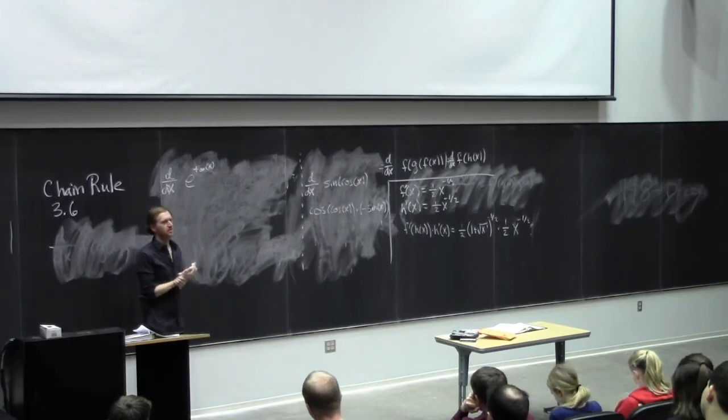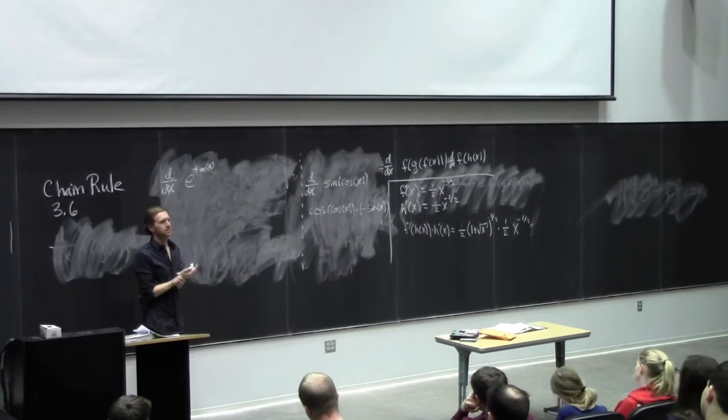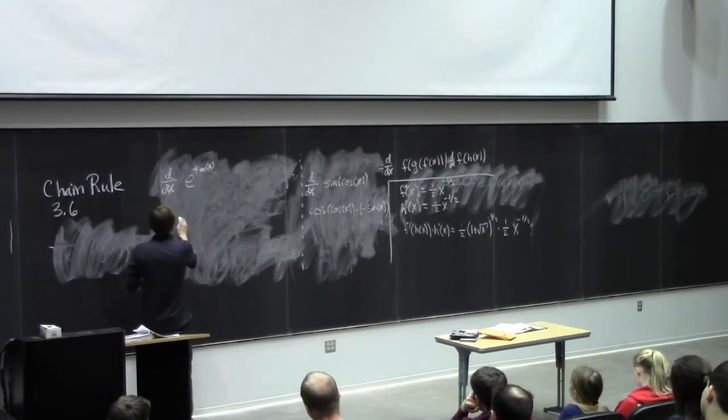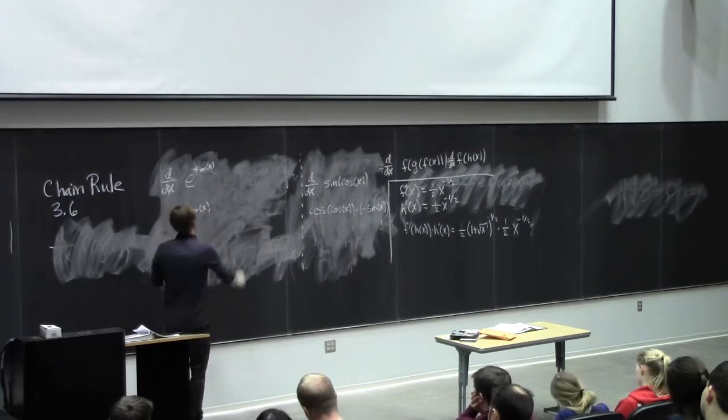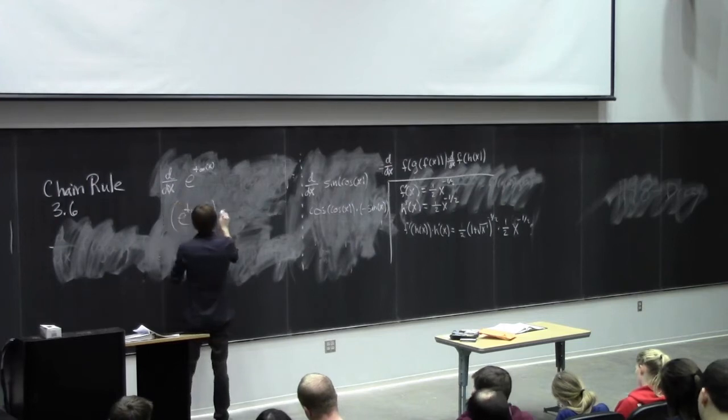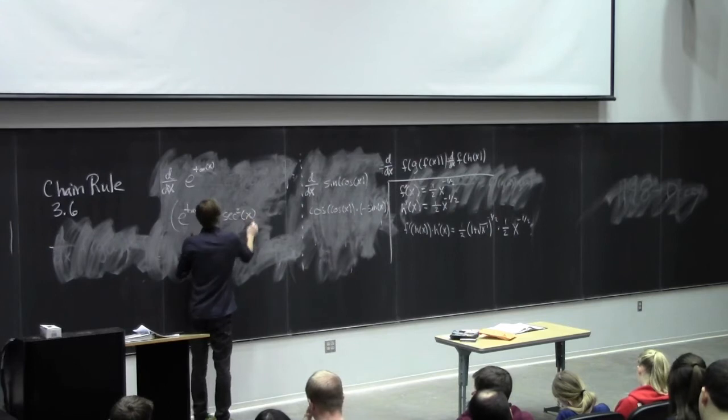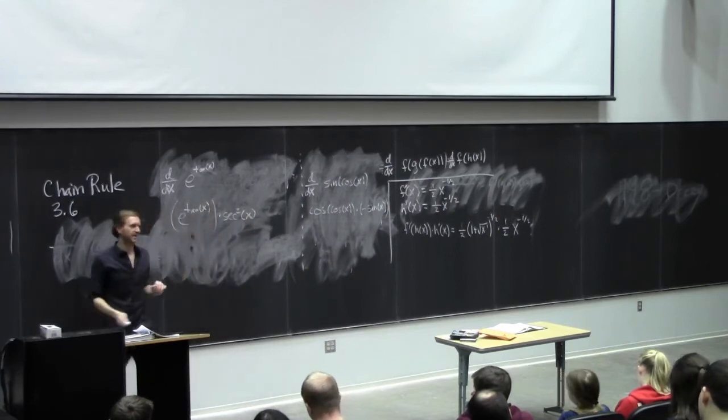What's this going to be? e to the tangent of x times the derivative of the thing inside, which is secant squared of x.